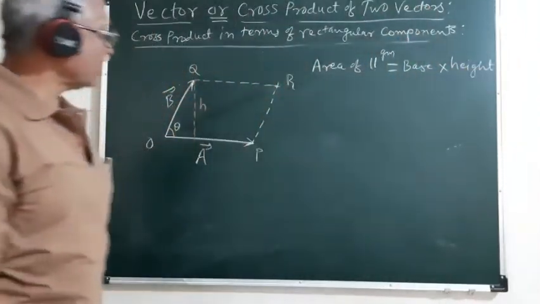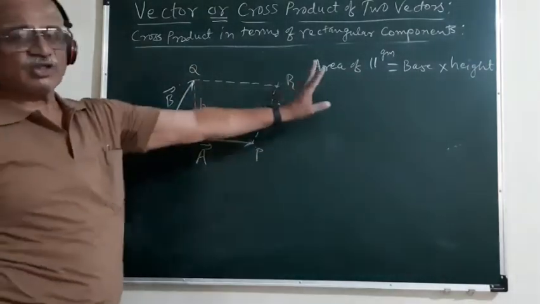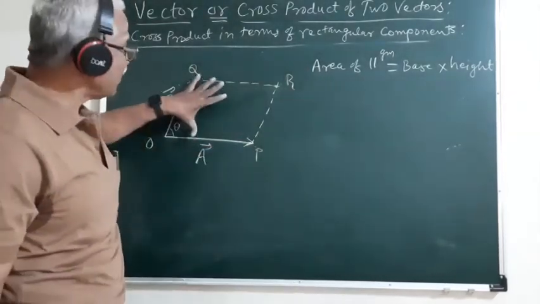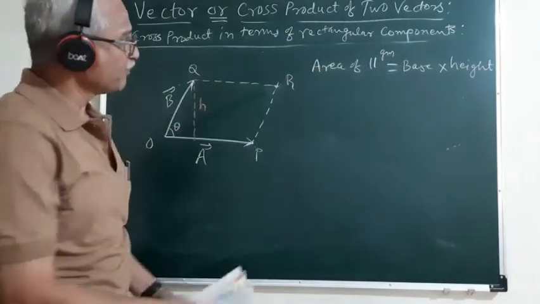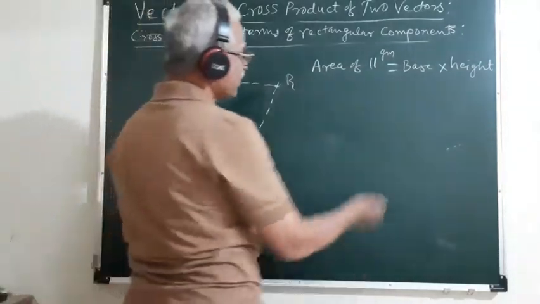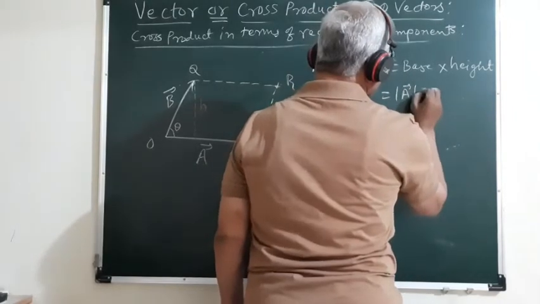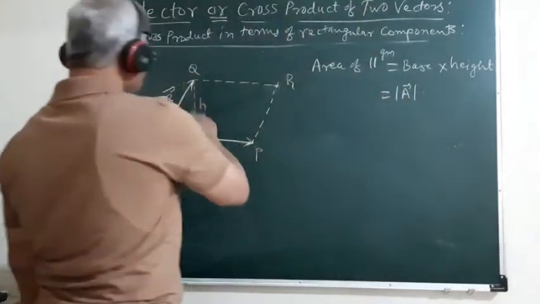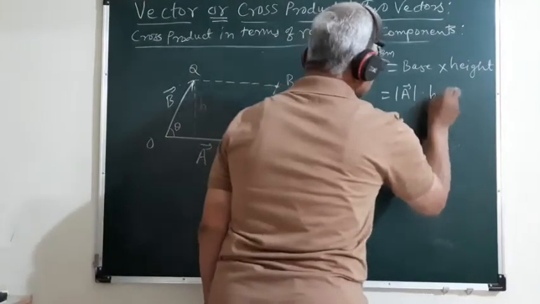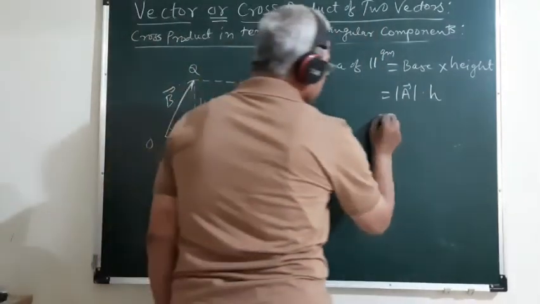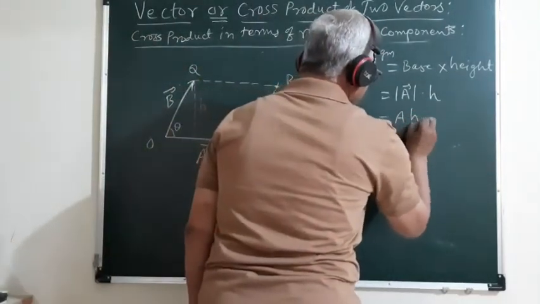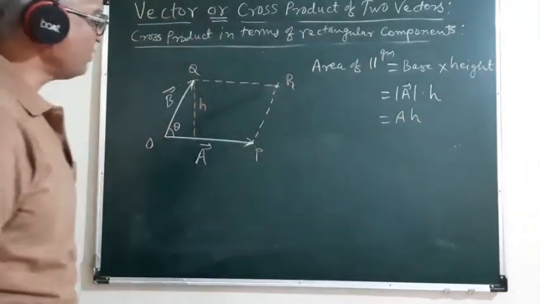So base here is nothing but the magnitude of vector A bar, and the height of the parallelogram is considered to be H. So AH is the area of this parallelogram.